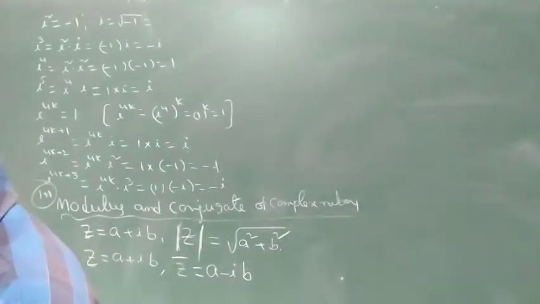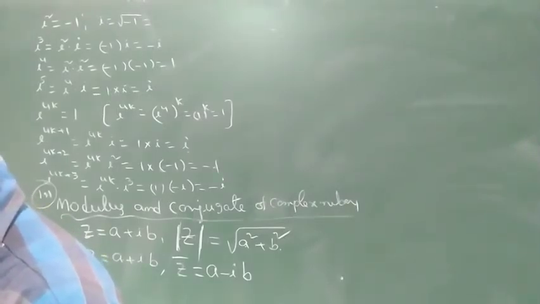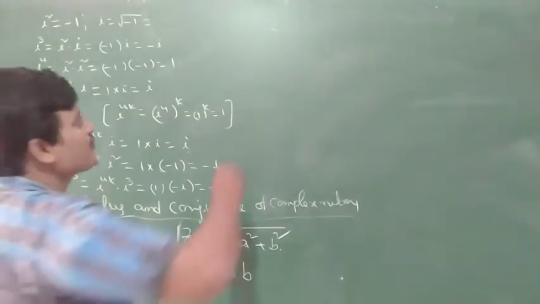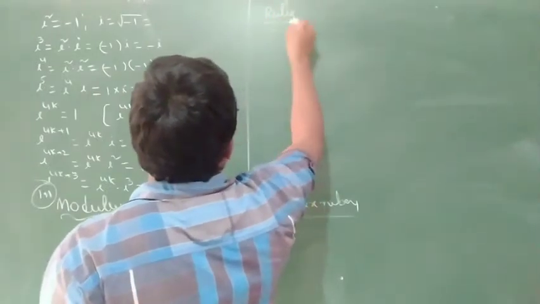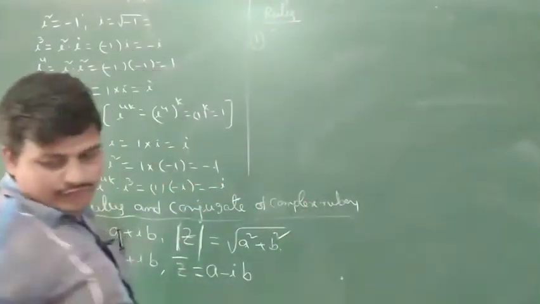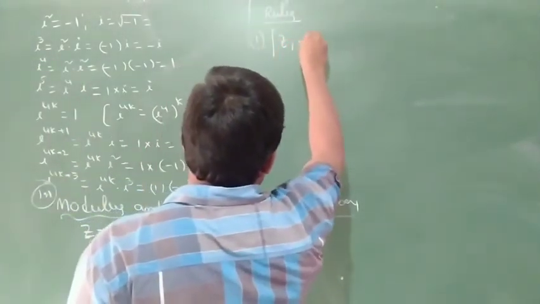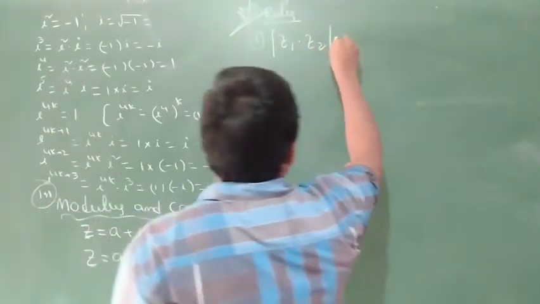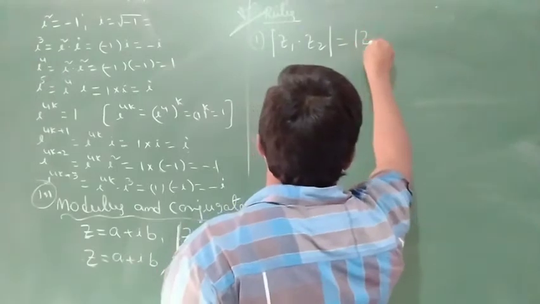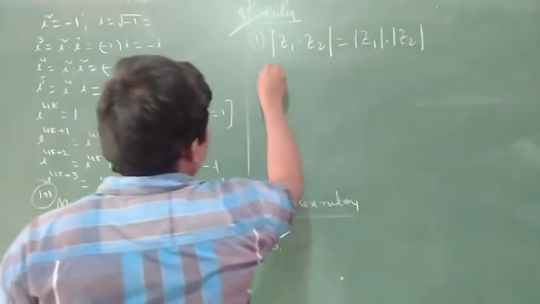So let us go to some rules. What are the rules? The first rule: modulus of z1 into z2 is equal to modulus of z1 into modulus of z2.